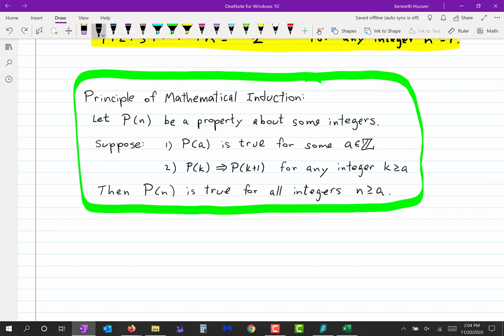Okay, let's write that down as a separate thing. Proof by induction.